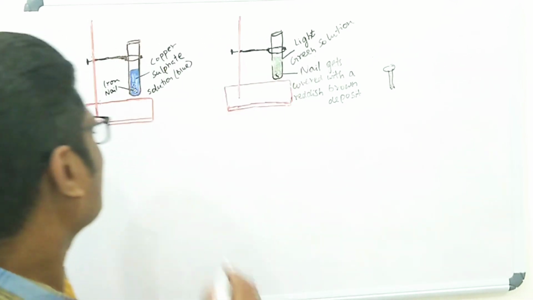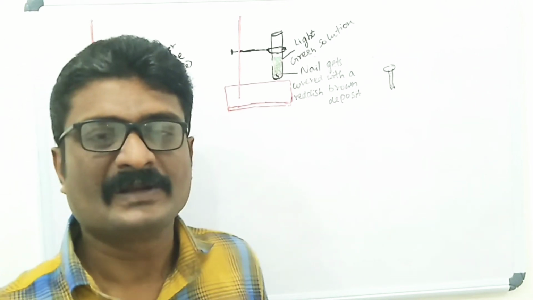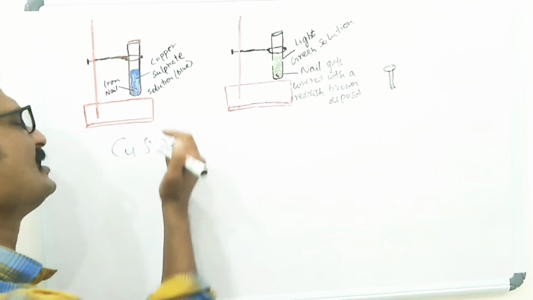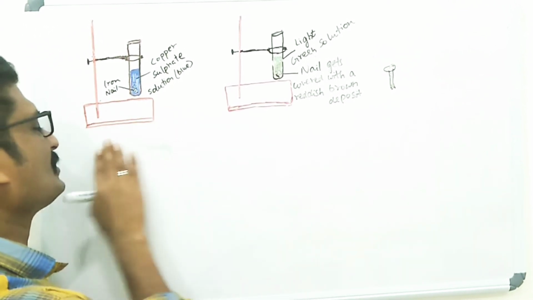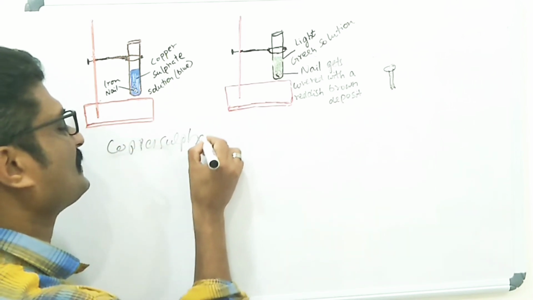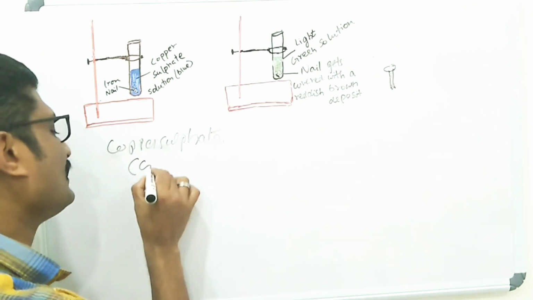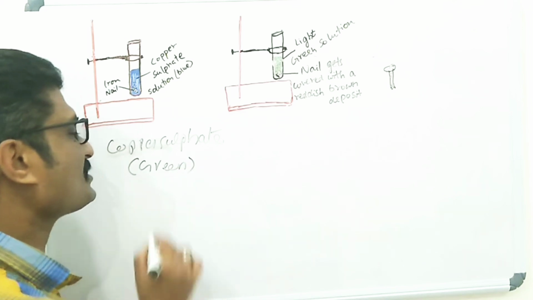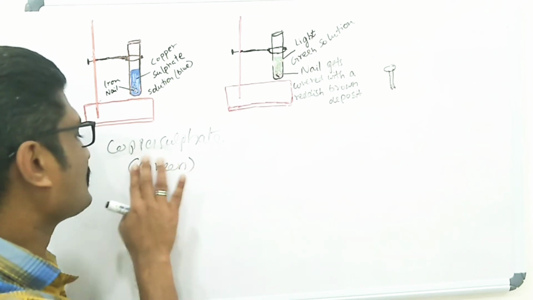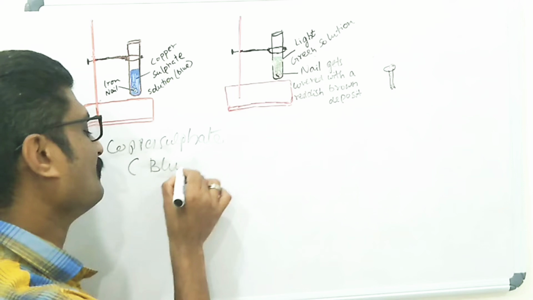Copper sulfate, its formula is CuSO4. The color of the copper sulfate solution is blue.